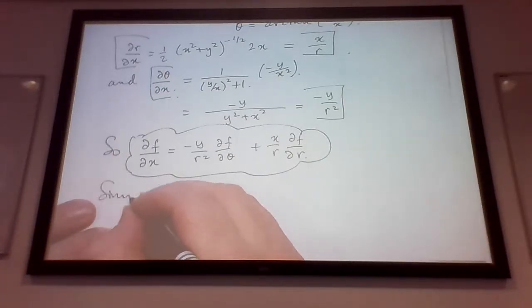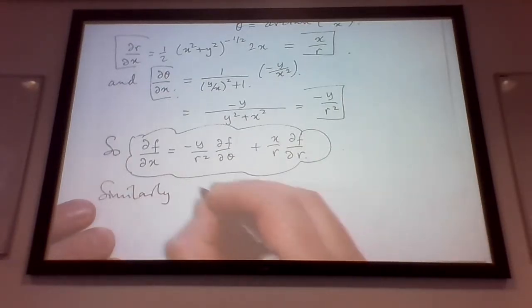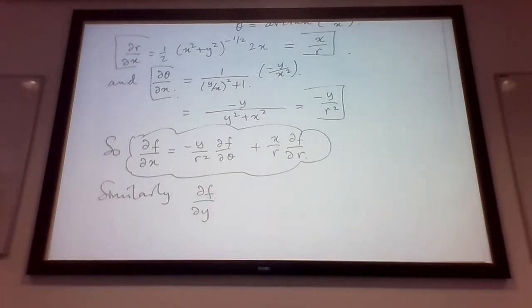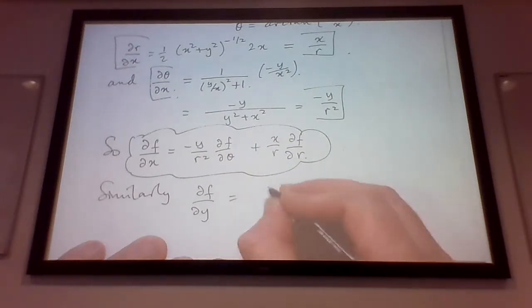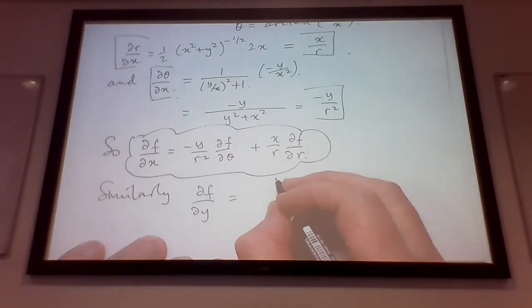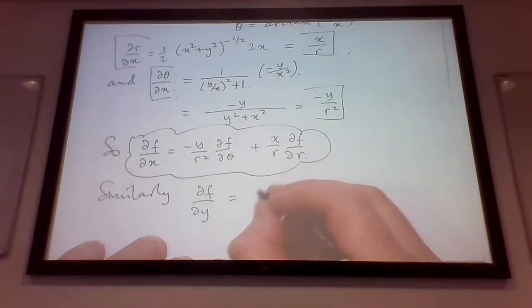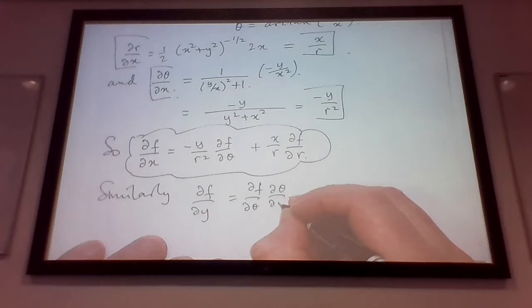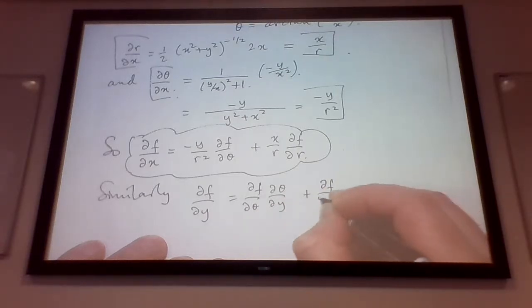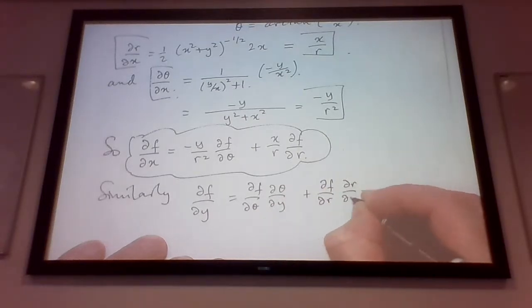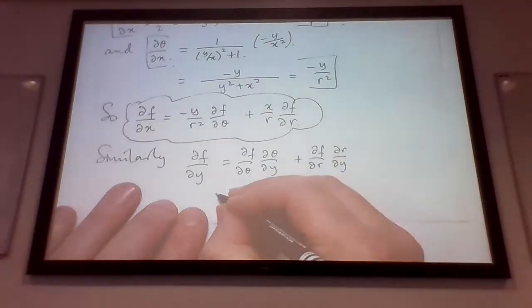Similarly, we can get df/dy. Skipping over the details, let's give you the intermediate chain rule equation. It would be df/dθ dθ/dy plus df/dr dr/dy.